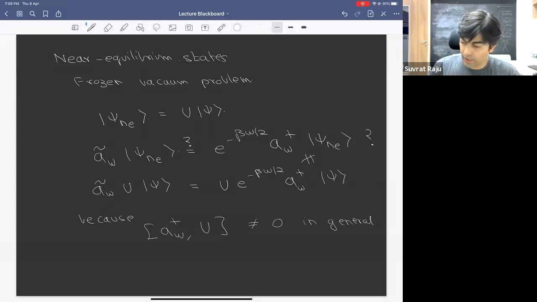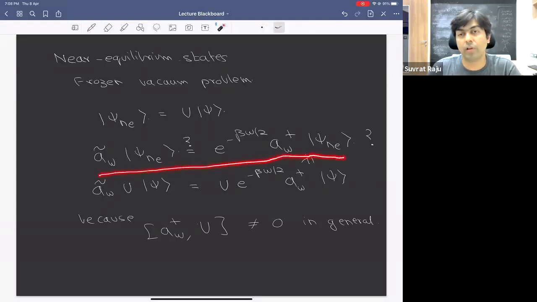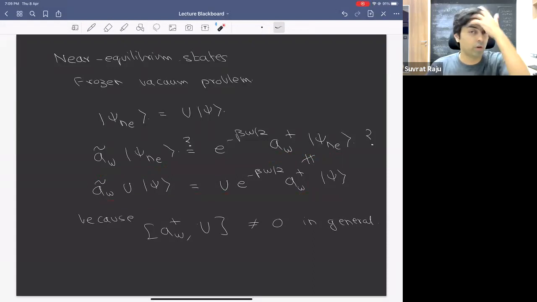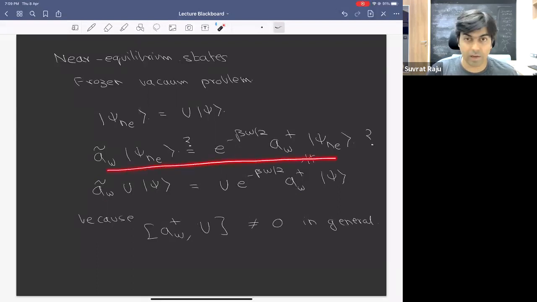And therefore, if someone were to come up with a definition that disregards the issue of whether a state is in equilibrium or not, it is clearly a definition that would be wrong, in that you can see that it would be inconsistent with the original definition that we put in on top of the equilibrium state. And so this definition cannot be the right definition for these near equilibrium states.